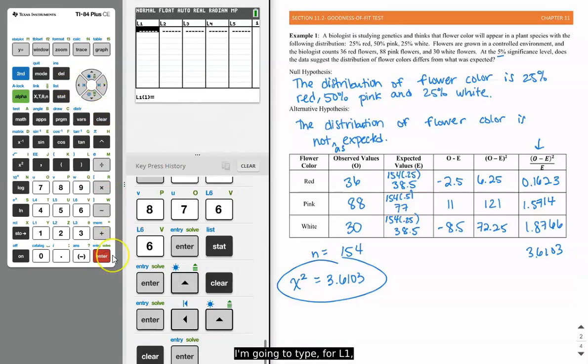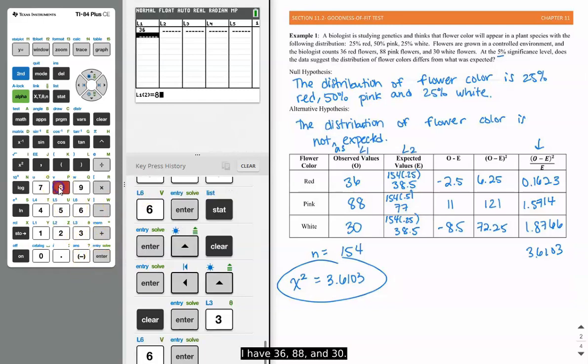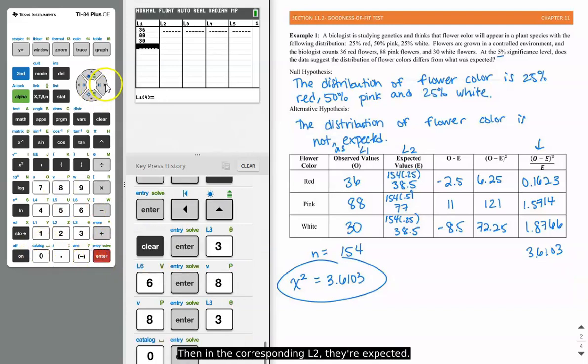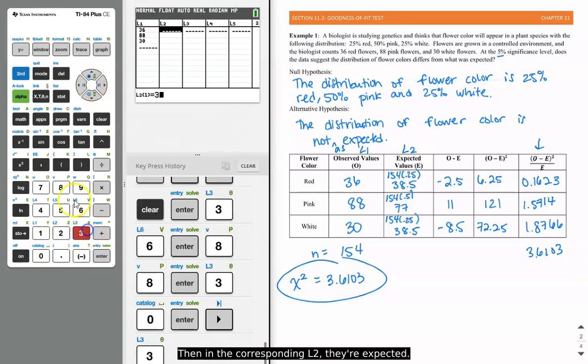So I'm going to type for L1 observed, and L2 will be expected. So I have 36, 88, and 30.